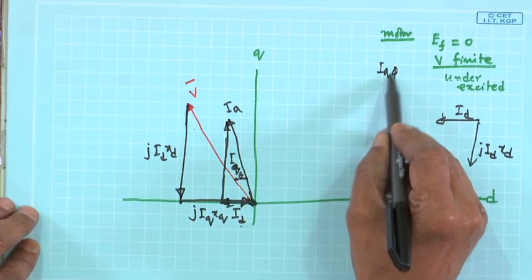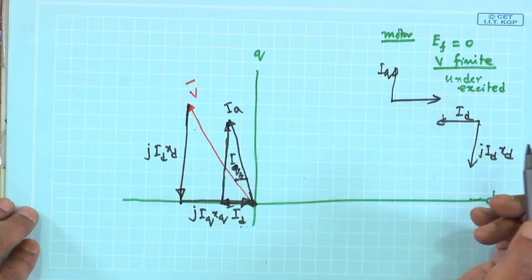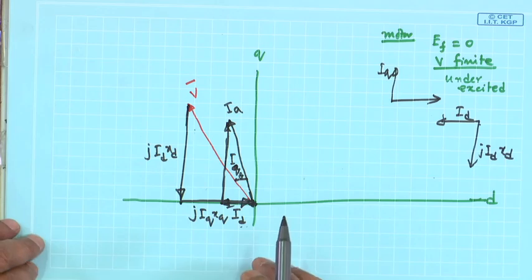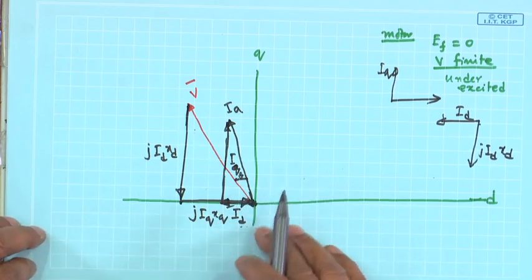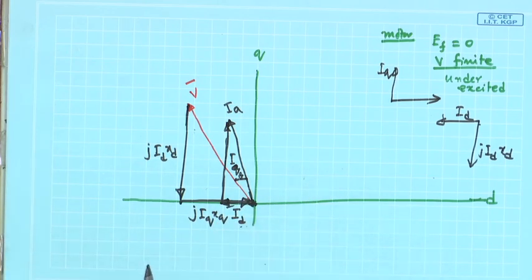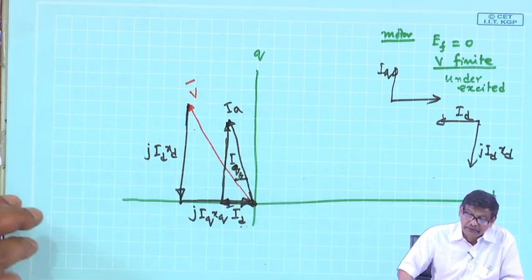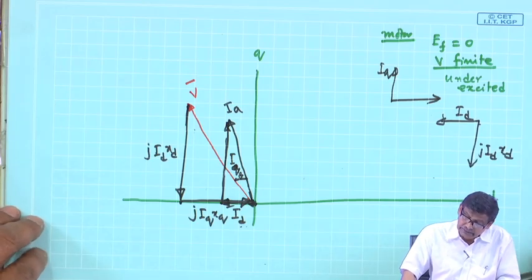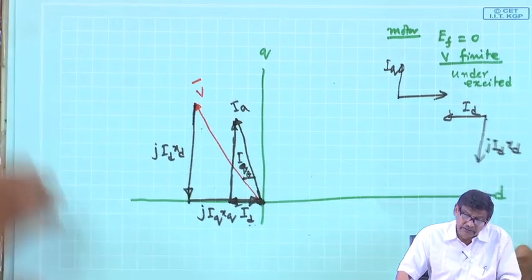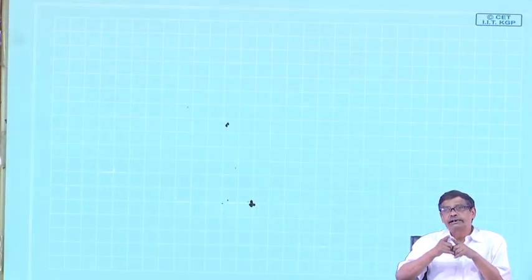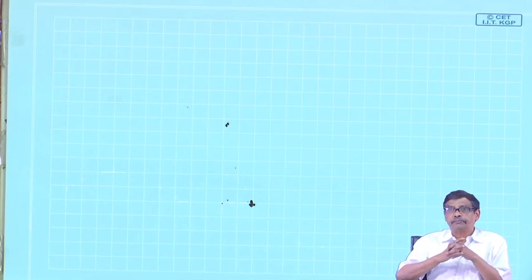So J IQ XQ will be like that, and you will get the phasor diagram. Many types of machine can be drawn in this way. So with this, salient pole synchronous machines can operate with exciting current IF equal to 0.